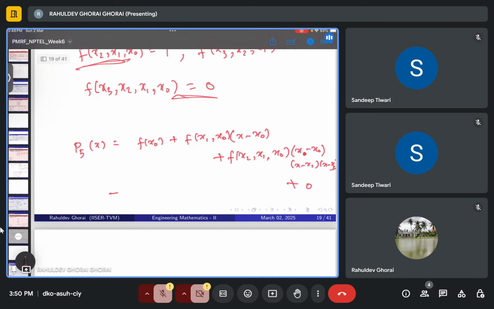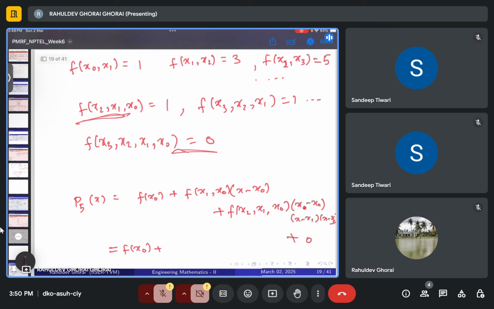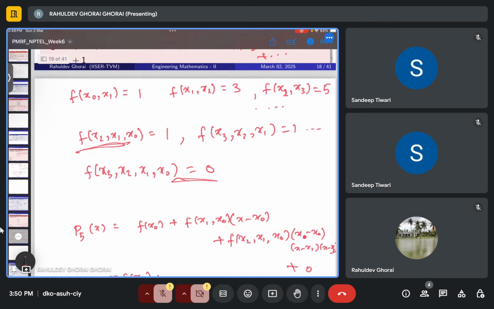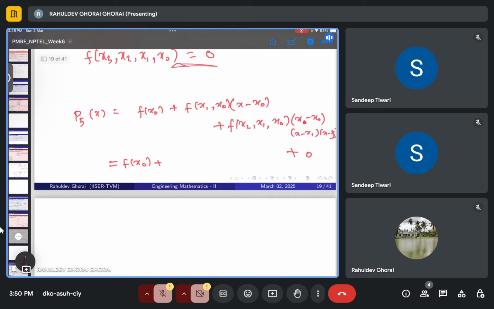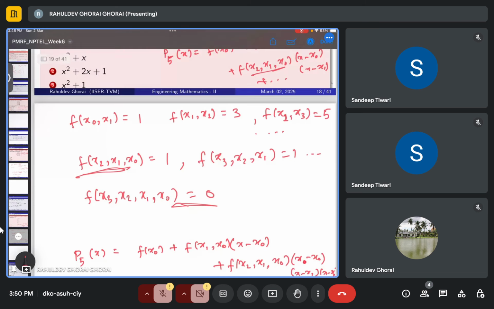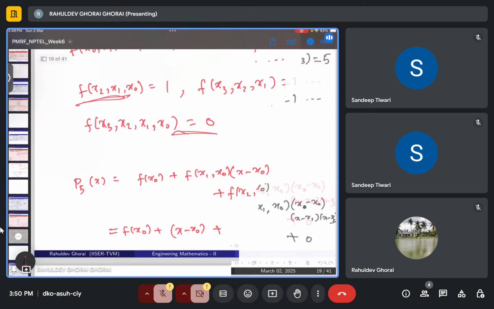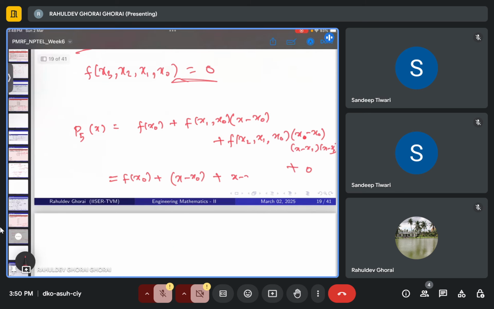So then what we get is f[x0] plus f[x1, x0], which is 1, so this will be (x minus x0), and plus f[x2, x1, x0], that is also 1, so that will be (x minus x0)(x minus x1).